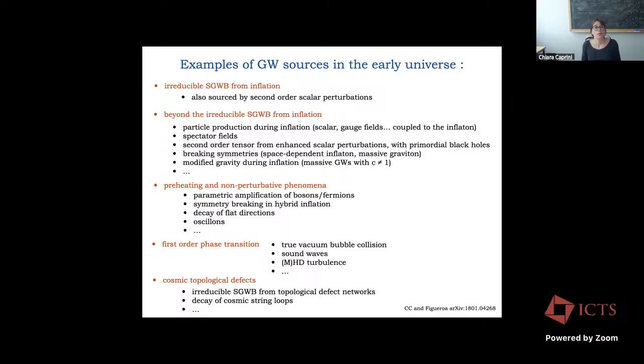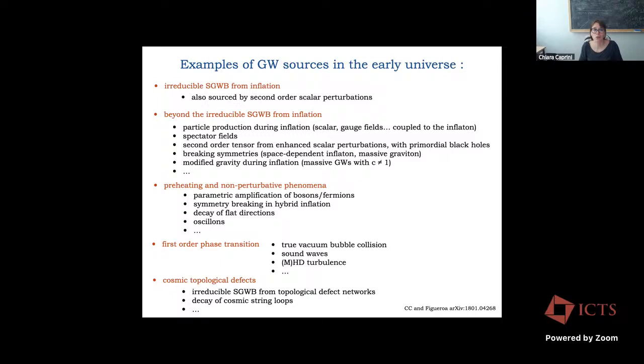But if for some reason scalar perturbations are enhanced, then we can have observable gravitational waves generated at second order. One can also go beyond this irreducible background from inflation and introduce couplings of the inflaton, for example, to scalar or gauge fields. In this case, if you break, through the coupling to the inflaton, for example the conformal invariance of a gauge field, you can have particle production driven by the exponential expansion of the background.